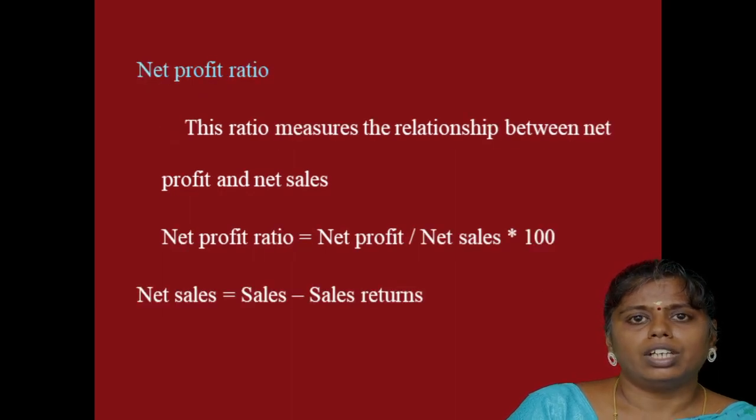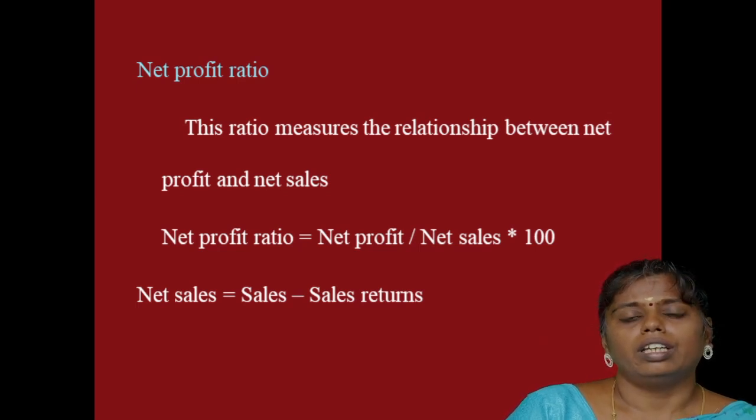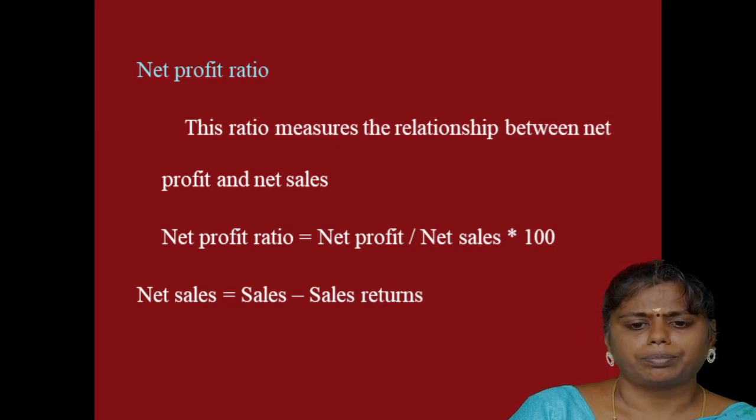This ratio measures the relationship of net profit and net sales. Non-manufacturing expenses are included in the profit and loss account to find the net profit. So net profit ratio equals net profit divided by sales into 100.